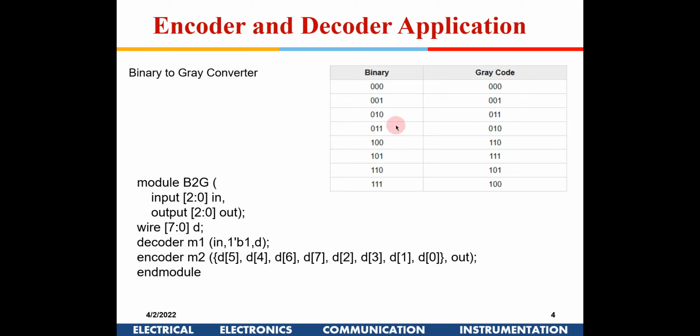From here to here also there is only a change in one bit. If you see here, it is the mirror image, only the MSB has changed from 0 to 1. So in this gray code, as we move from one value to the next, only one bit is changing.